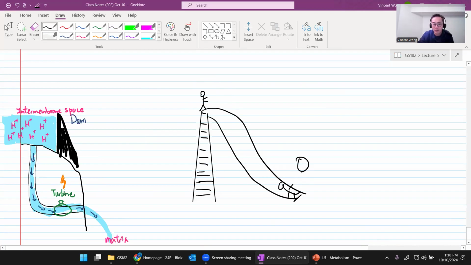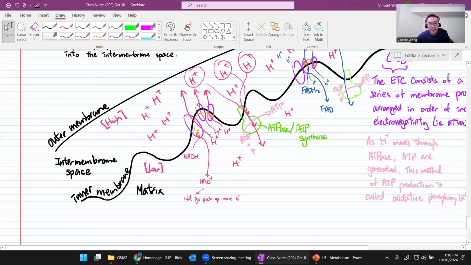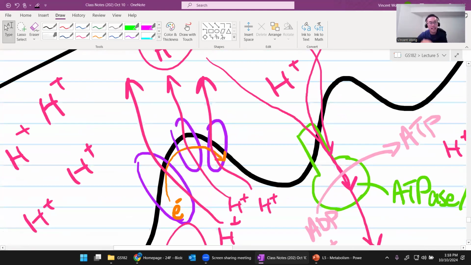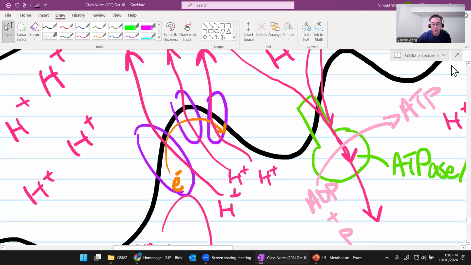And so the parent has to come along and get the kid off the slide so that the next person can go, right? So remember this analogy when we talk about the ETC. The slide is the ETC, and the electrons are the kids trying to go down the slide.